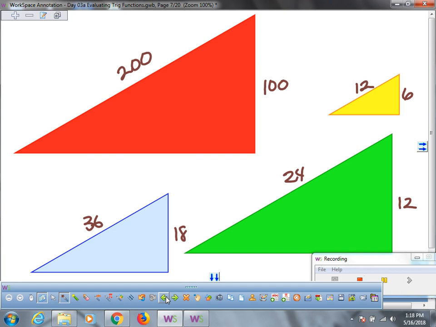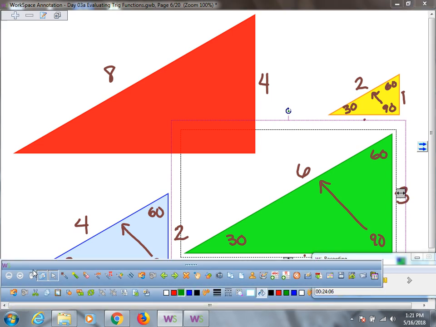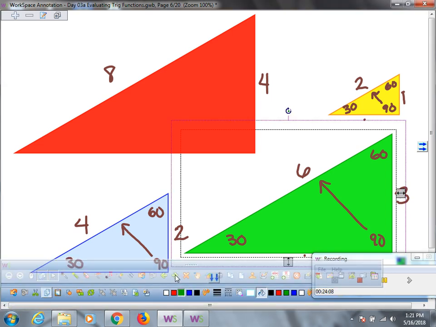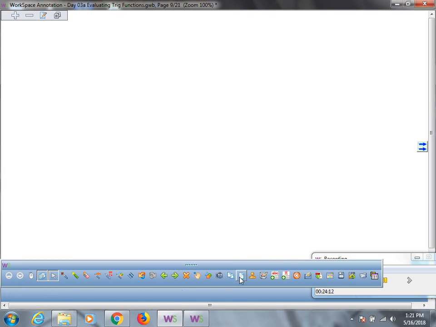Let's pick one of these. Which one would you like to pick? The green one. Okay, let's do the green one. So if the green one is 3, we're going to take this green one, and we're going to copy it, and we're going to go over here, and we're going to open a new page, and we're going to paste it.